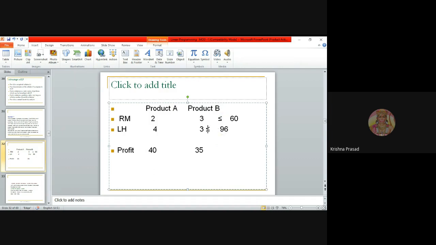Okay, now 70% you have finished. Now let us come to the first part. First part is to find out the decision variables. What are the decision variables?